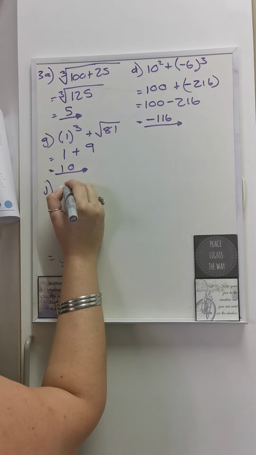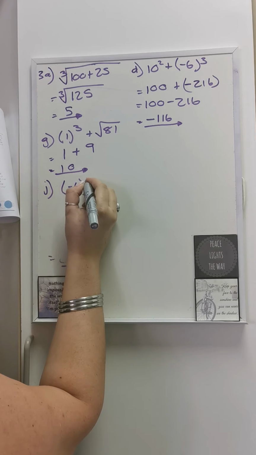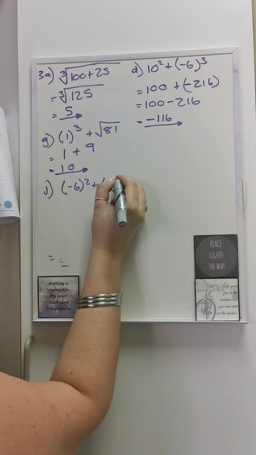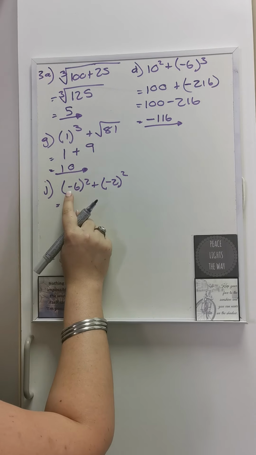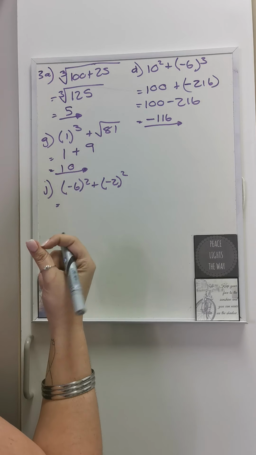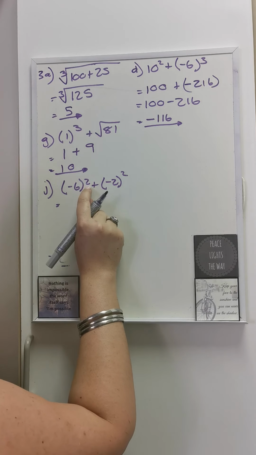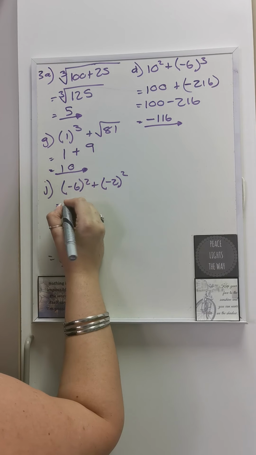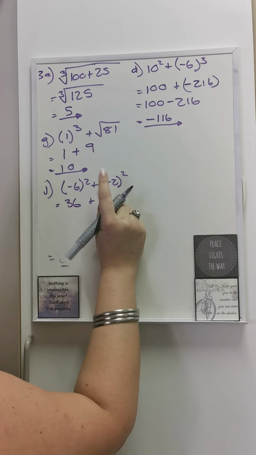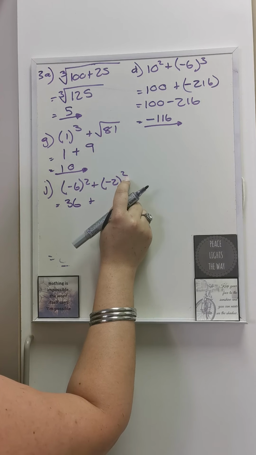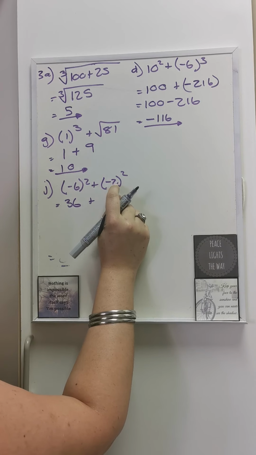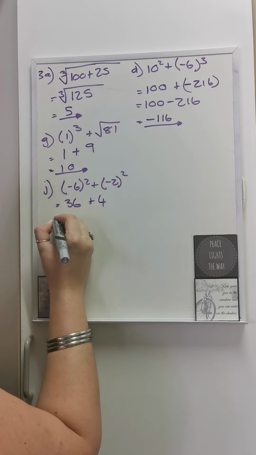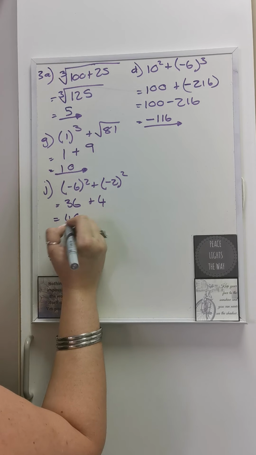Number J, negative 6 squared plus negative 2 squared. I've got a negative number that is raised to an even power. So negative times negative is positive. 6 times 6 is 36. Plus a negative number to an even power, so it will be positive, and 2 times 2 is 4, so 36 plus 4 gives you 40.